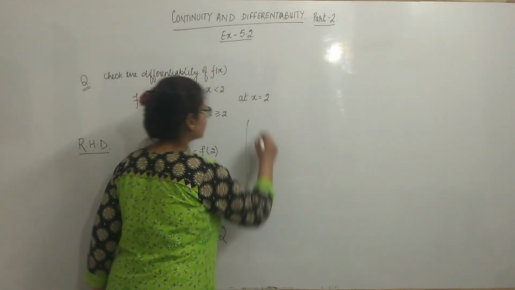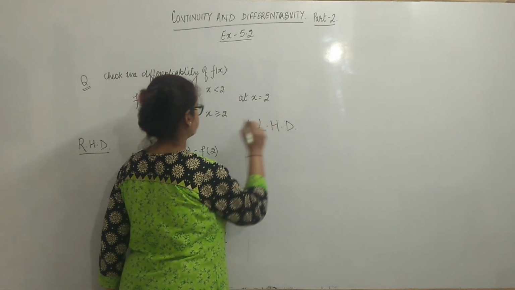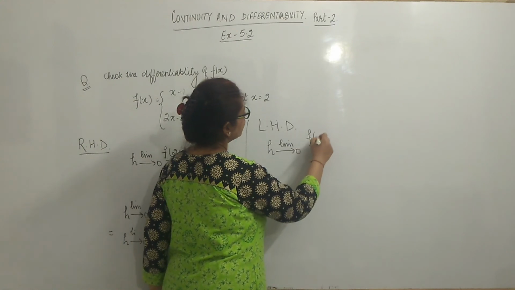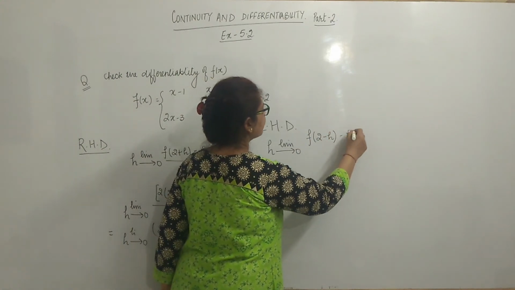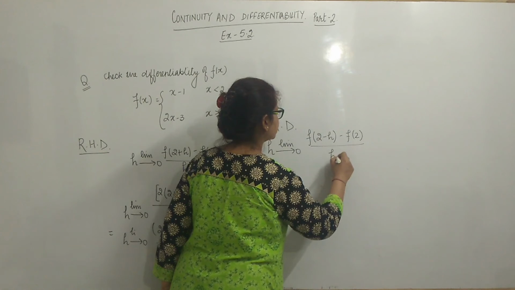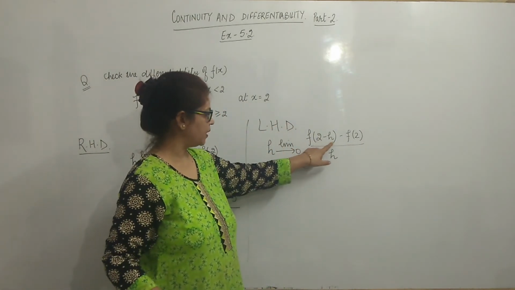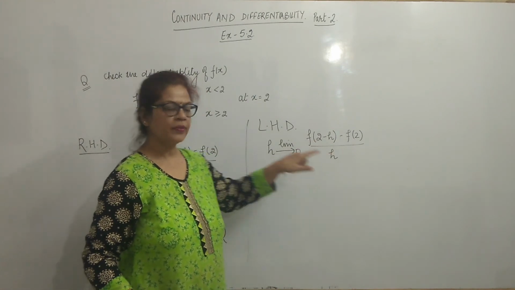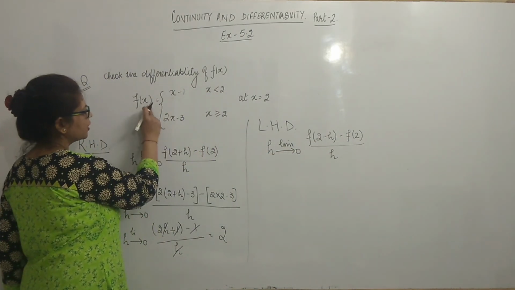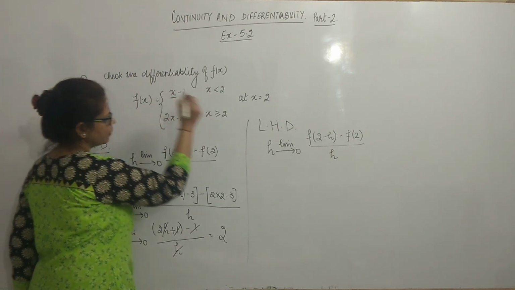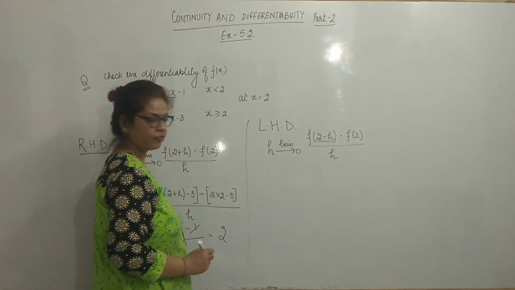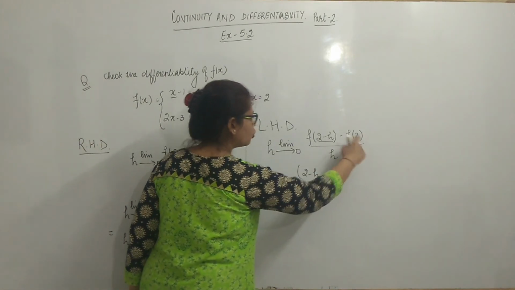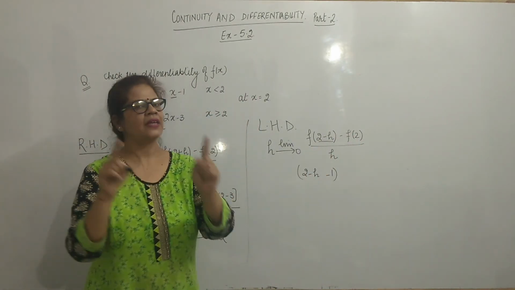Now find the left hand derivative. h approaches 0. f(2 minus h) minus f(2) divided by h. f(2 minus h) means you take the function defined when x is less than 2. When x is less than 2, the function is x minus 1, and this x will be replaced by 2 minus h. So 2 minus h minus 1, and f(2) means the value of the function at x equal to 2.